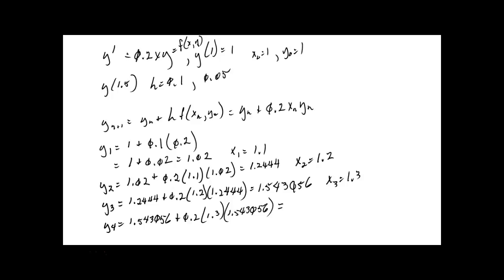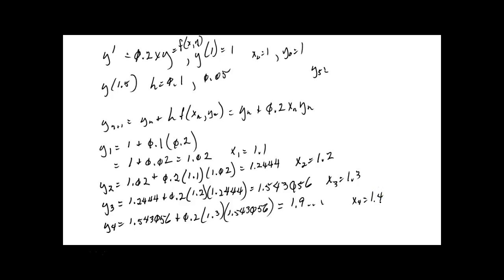And this is where a memory key comes in real handy. Okay, never mind, go ahead. 1.9, there are probably some other digits there. Leave them on your calculator, put that in memory, and then do Y5 is equal to, and by the way, X4 is equal to 1.4.